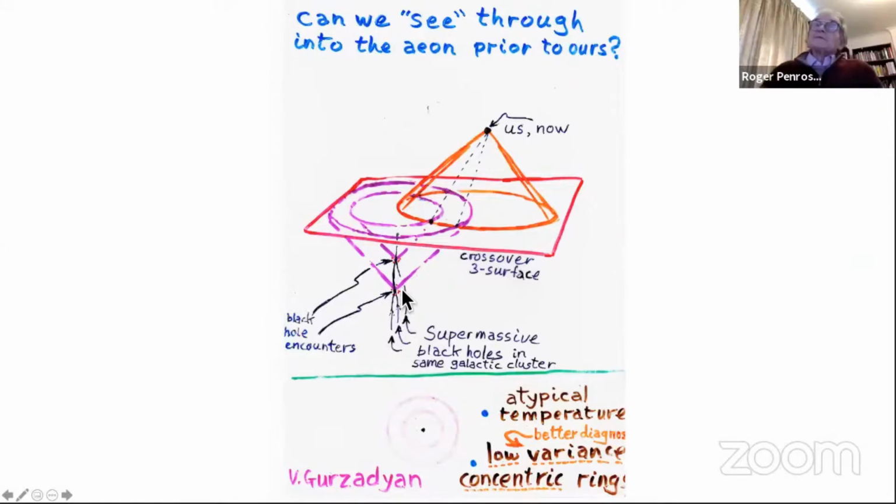Now, you have to wait a long time for this to happen, but in a single cluster of galaxies, with this exponential expansion, the superclusters will disperse, but the clusters remain more or less bound. So there will be several collisions between supermassive black holes in a single cluster. So you might see several of these.